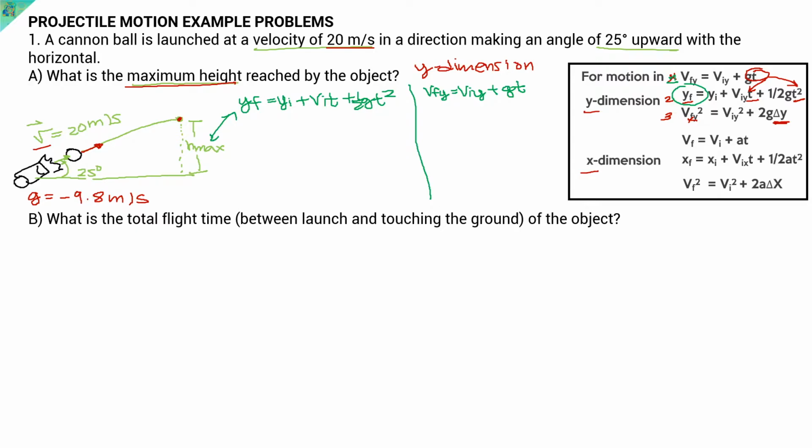Kasi diba, for example, you throw a basketball upward, before it starts moving downward, there will be a momentary situation where it will stop before it starts accelerating downward due to gravity. Which means that at the maximum height, our final velocity should be 0.